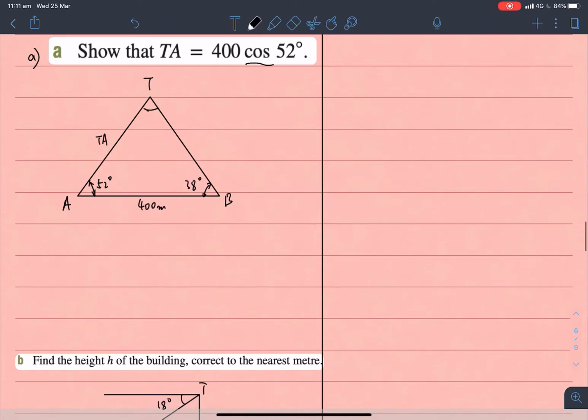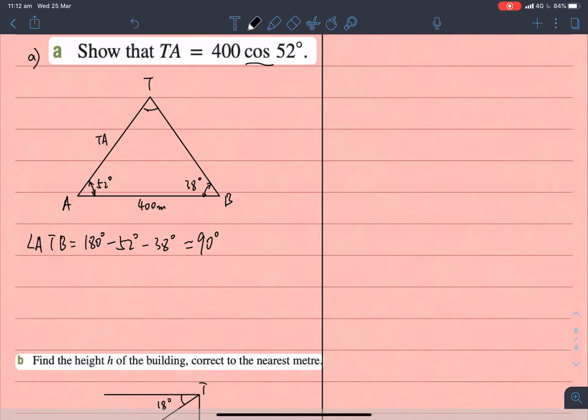The angle ATB equals 180 degrees minus 52 minus 38. Whoa, it's actually 90 degrees.